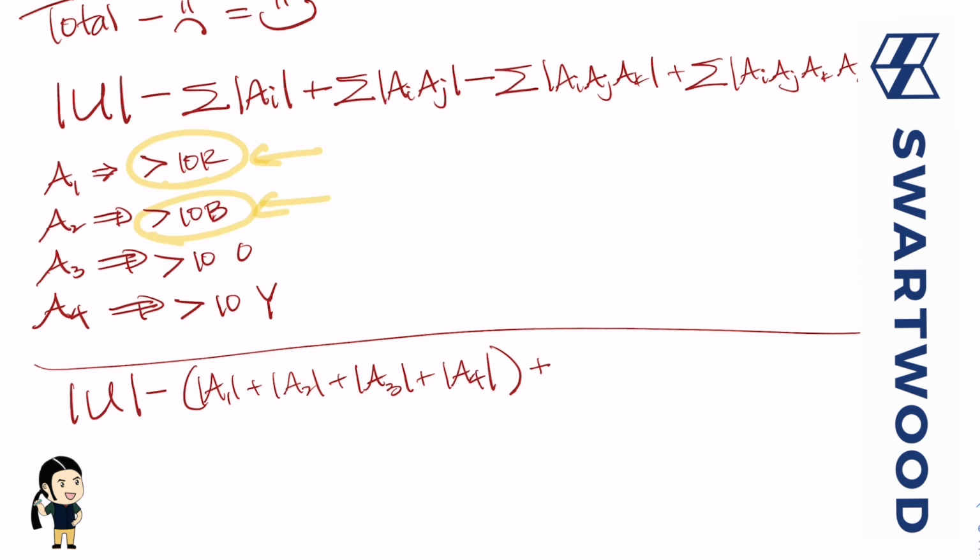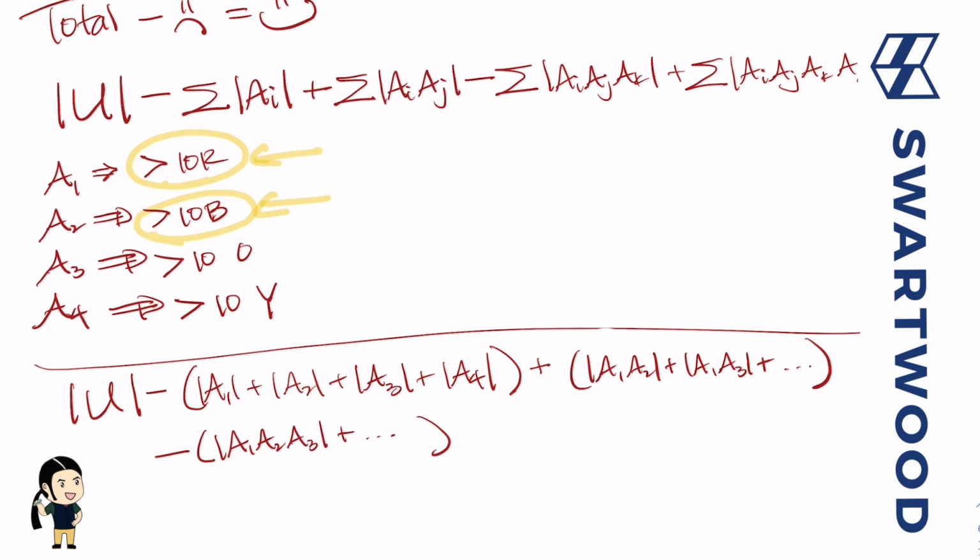So what I'm going to do is I'm going to just do a couple examples. The size of A1, A2, right, plus A1, A3, and etc. And then subtract off the triple intersection. So this is actually going to be nicer than it looks. I'm just going to list one triple intersection to make my point. Okay, etc. And then there's only one quadruple intersection, and that's going to be 1, 2, 3, and 4.